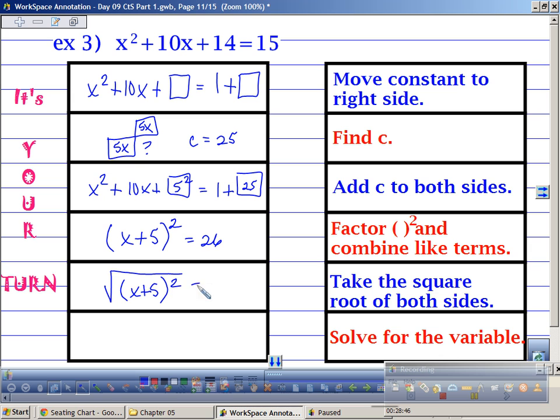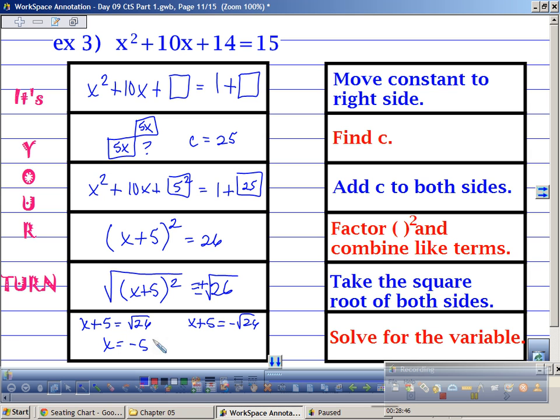I think you guys are ready for your worksheet. So my two solutions are x plus 5 equals, does 26 break down? No. So it's just going to be positive root 26, and x plus 5 equals negative root 26.